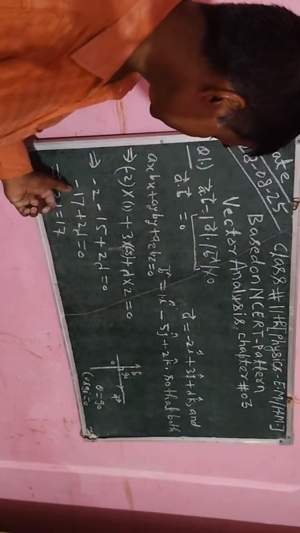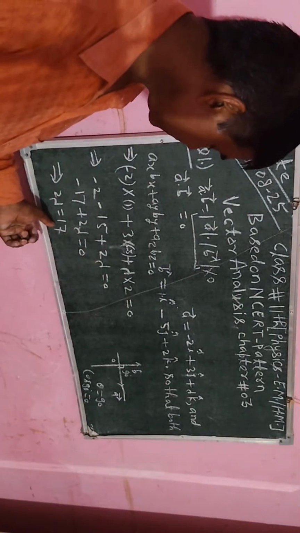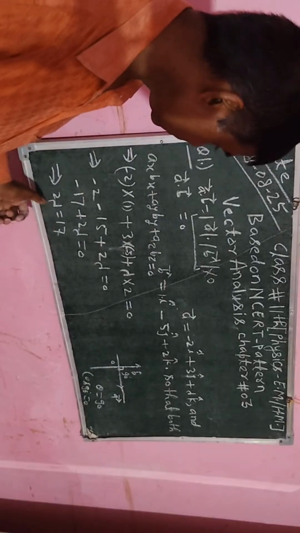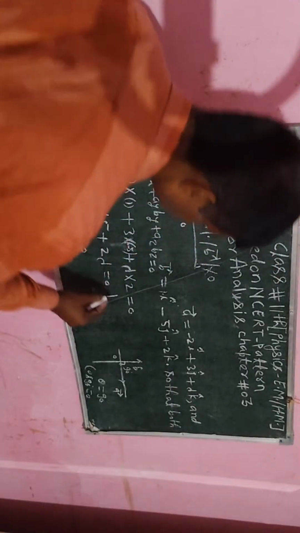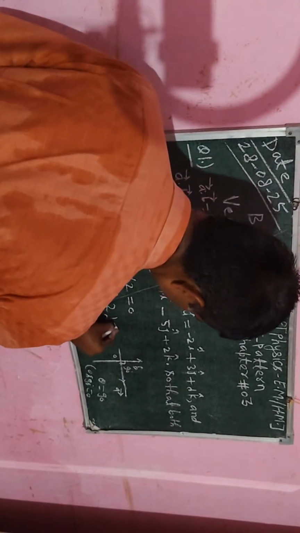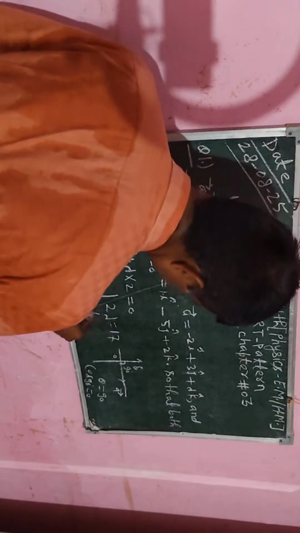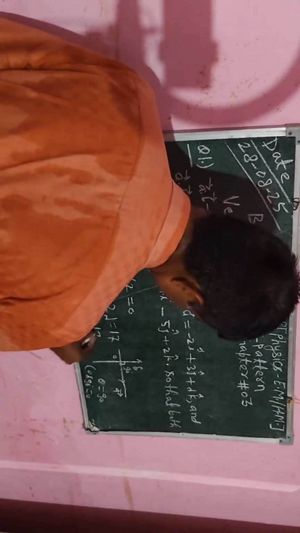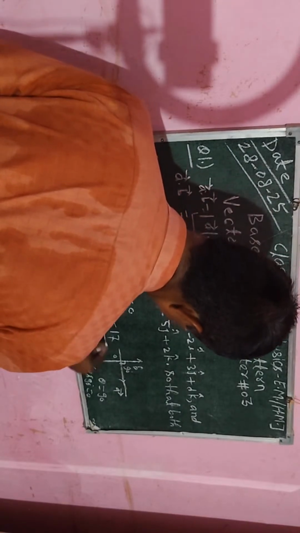So 2 lambda is equal to 17, so 2 is multiplied with lambda, so lambda is equal to 17 divided by 2. This is the required answer of my question.